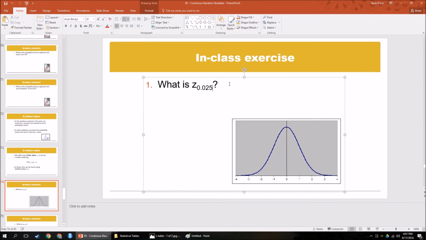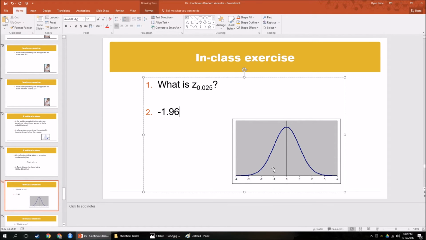So the answer here would be negative 1.96. Okay, and that's the answer. That is the critical z-value, satisfying the probability to the left of some z-value is negative 1.96.